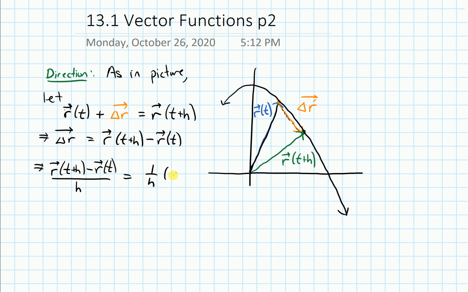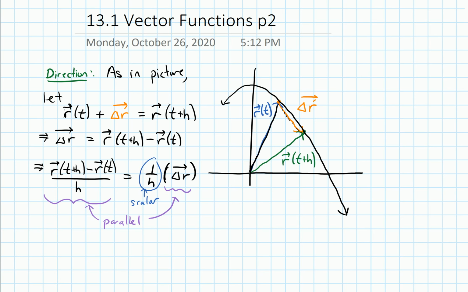It's called a scalar, which just refers to something that's a number, not a vector. Because the vector on the left is equal to a scalar times the vector delta r on the right, those two vectors are parallel.